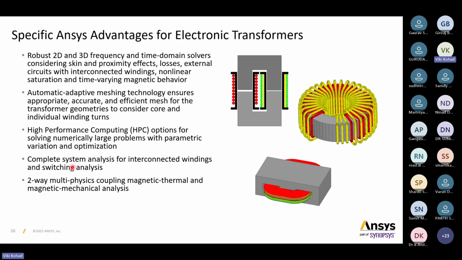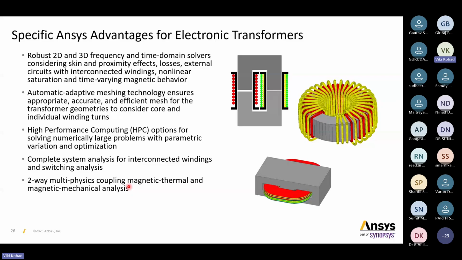Then it has two-way multiphysics coupling. Two-way multiphysics coupling means the magnetic and thermal part, and the magnetic and mechanical part. You can transfer those results easily by using the Ansys tools for the multiphysics part of your transformer.